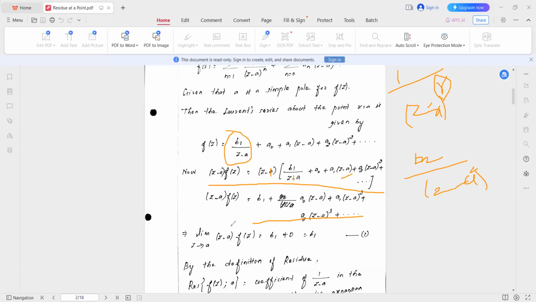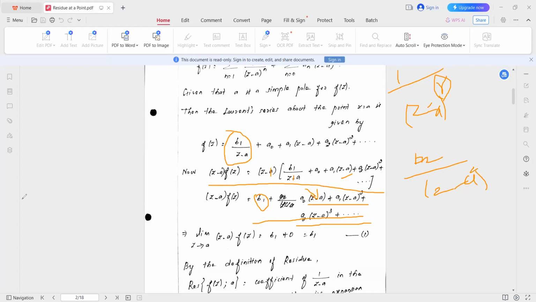Now I am taking limit z tends to a. When we take limit z tends to a, this will become a minus a, 0. So the remaining terms all will become 0 except the first one, because it does not have the term z minus a. So therefore, limit z tends to a, z minus a into f of z is equal to b1.